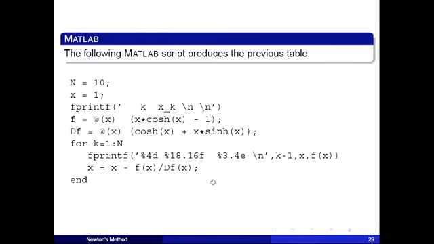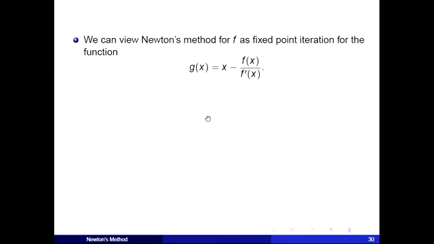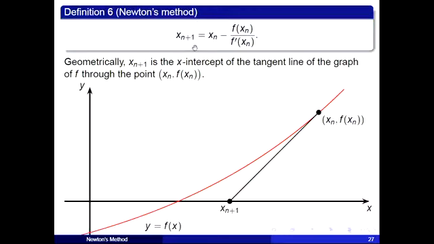Initially, you can view Newton method as a fixed point iteration with the right hand side being this function. Remember, x_{n+1} is just xn minus f of xn over f prime of xn. So you can consider this whole thing to be g of x.